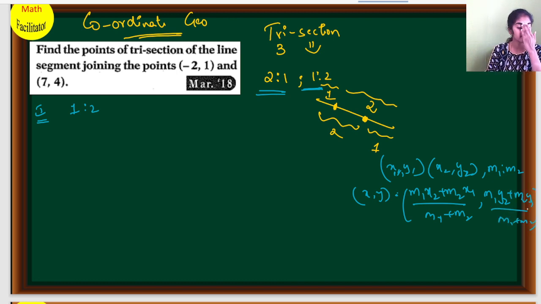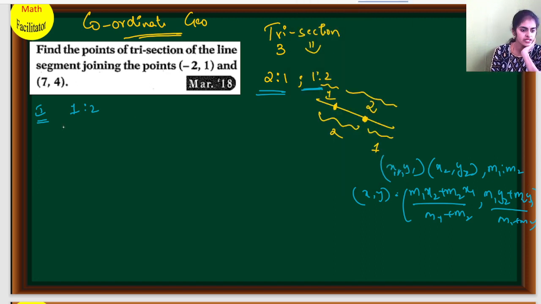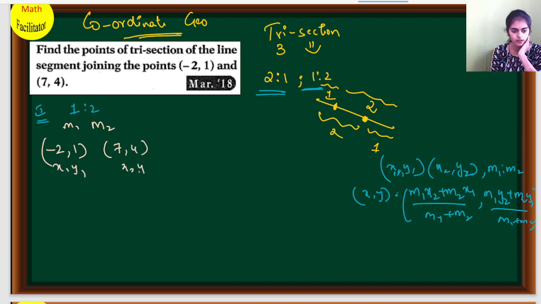If you are able to identify x1, y1, x2, y2, you can happily answer. Here this is m1, this is m2. The given points are (-2, 1) and (7, 4). So this is x1, y1, this is x2, y2.